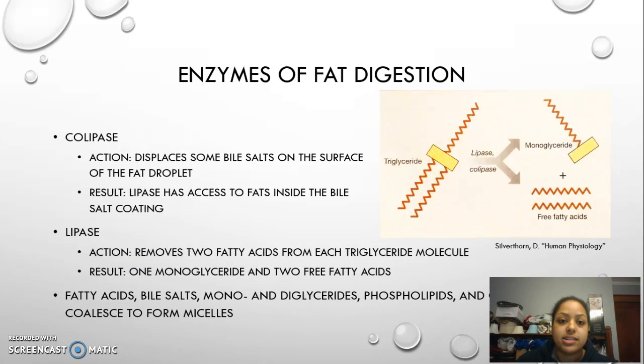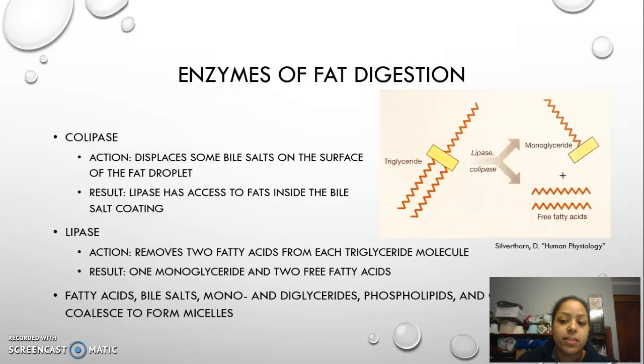Now, the main enzymes involved in fat digestion are colipase and lipase. The bile salt coating surrounding the fat droplets prevents enzymes from actually working on the fats. Because of this, colipase will displace some of the bile salts found on the surface of that fat droplet, and this will free up the fats for lipase to then act on.